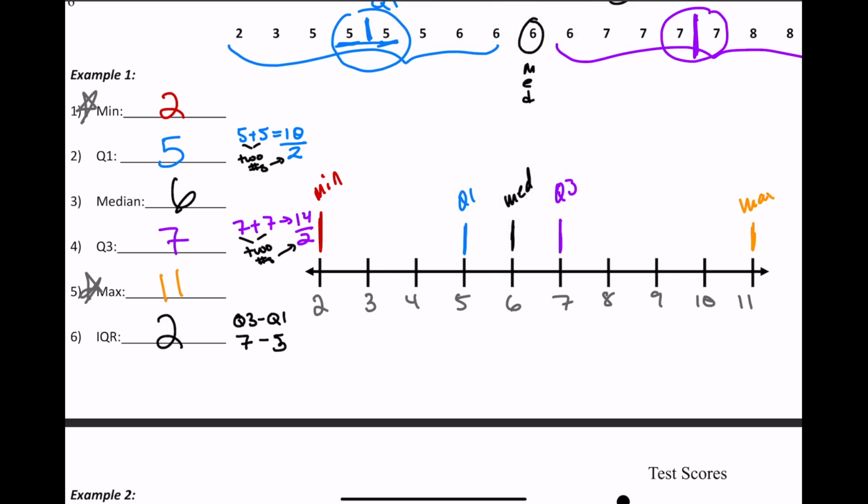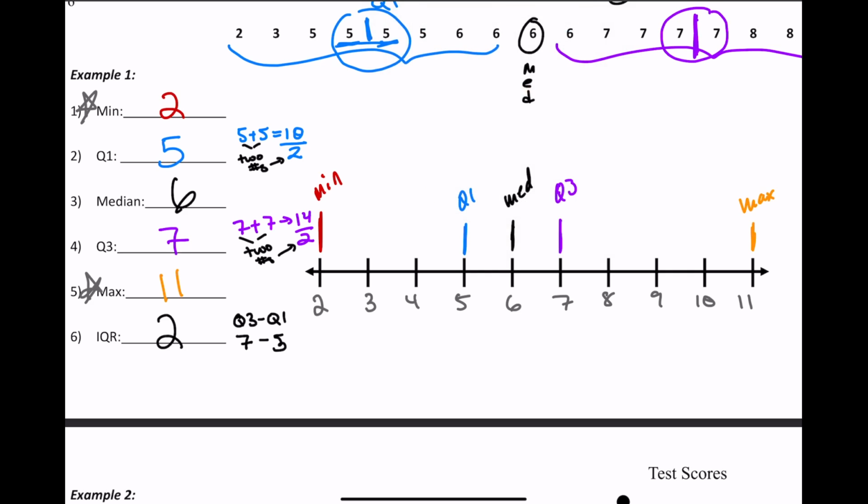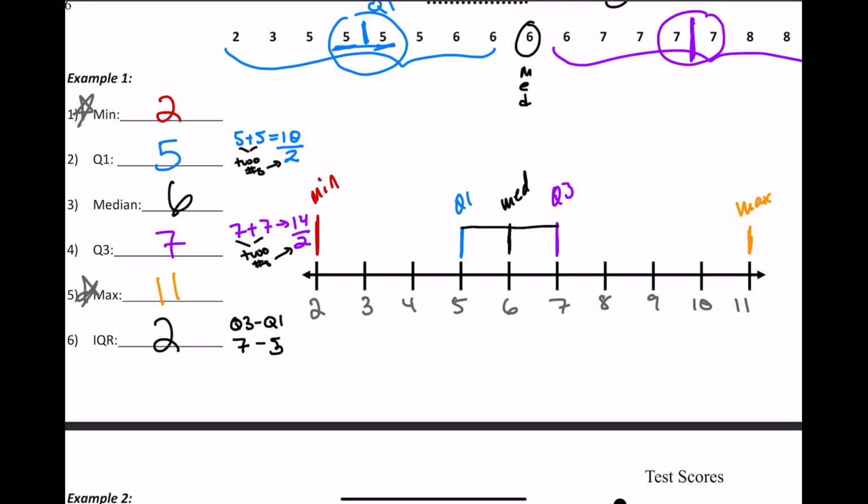So here's our max. Now what's going to happen is we are going to make a box between Q1 and Q3. And then we draw nice straight lines toward the maximum and minimum, from Q1 to the minimum and then Q3 to the maximum.